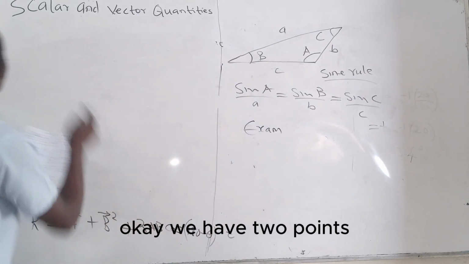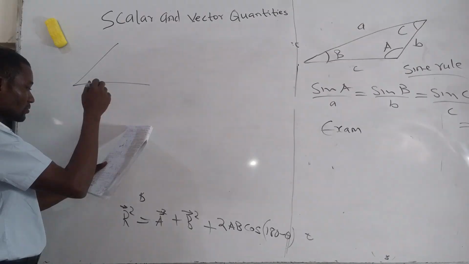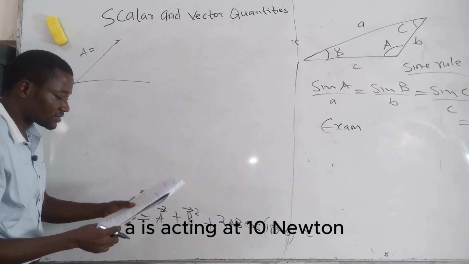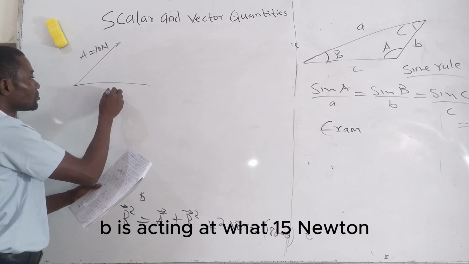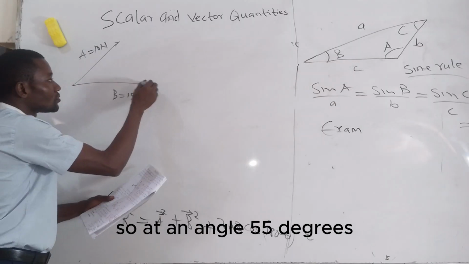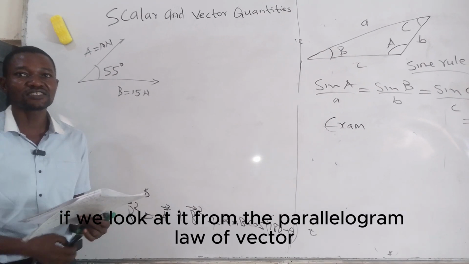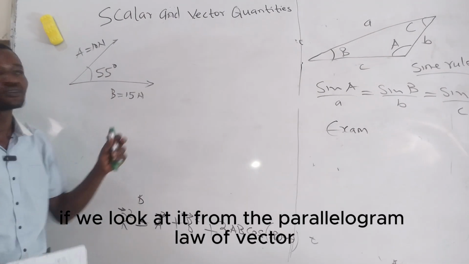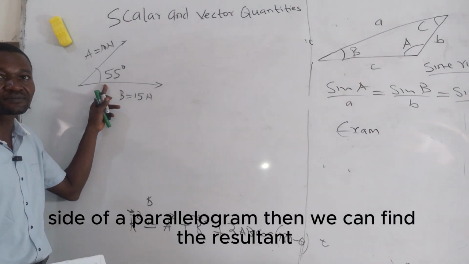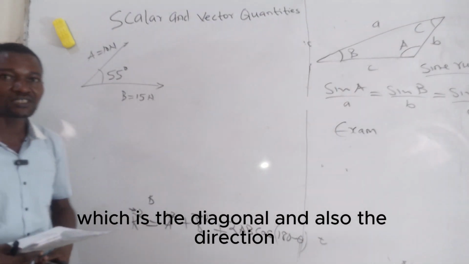Okay, we have two forces, A and B. A is acting at 10 Newton, B is acting at 15 Newton, at an angle of 55 degrees. If we look at it from the parallelogram law of vector, if two vectors are represented by the two adjacent sides of a parallelogram, then we can find the resultant, which is the diagonal, and also the direction.